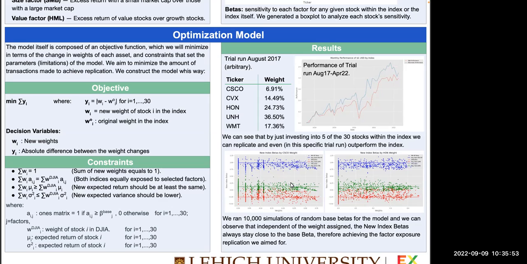Basically, the results were, one, it did sort of work as we wanted it to, where when you picked any random base beta, the resulting beta for the whole portfolio would stay in the range.